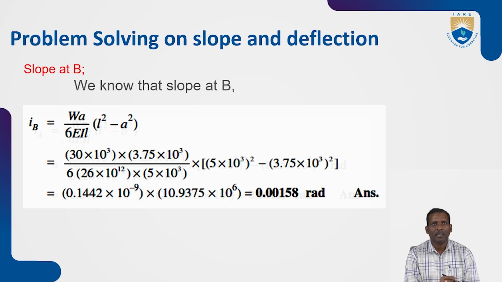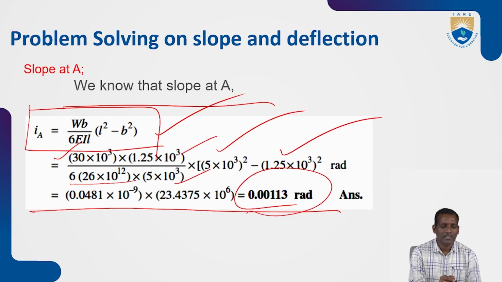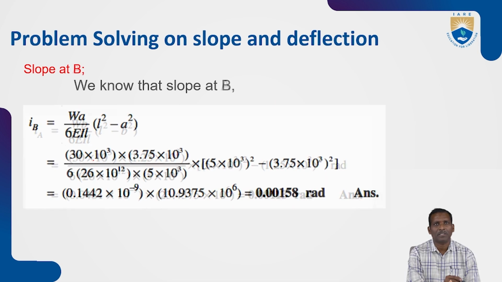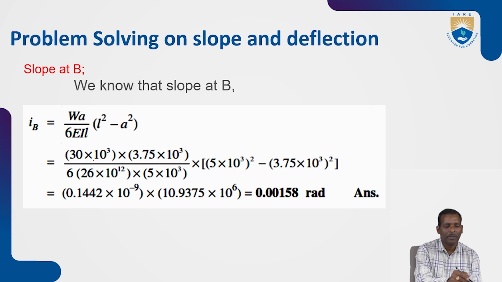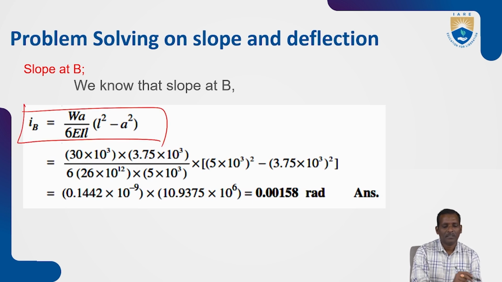So slope at A is WB by 6EIL into L square minus B square. But for the slope at B, the equation changes somewhat, you need to substitute the A distance. You are finding at B, so that's why you need to take the distance from the left hand side.